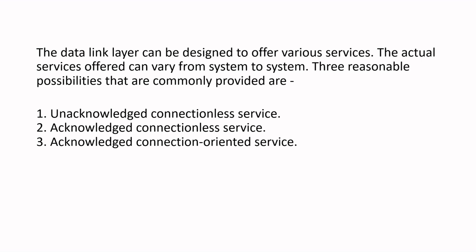The first one is unacknowledged connectionless service. The second one is acknowledged connectionless service. And the third one is acknowledged connection-oriented service. Now we will see one by one what these services do.